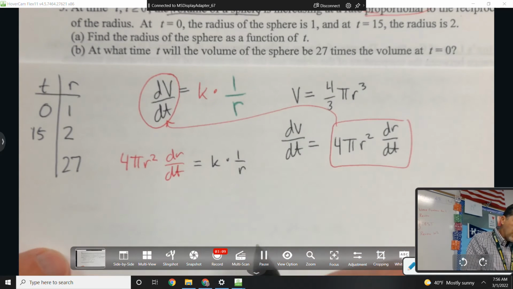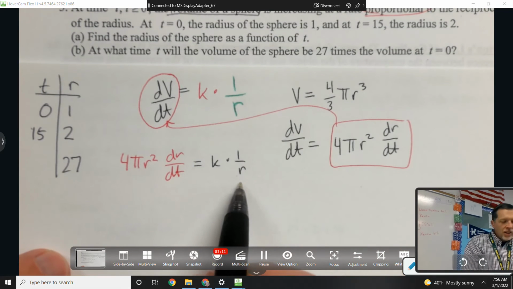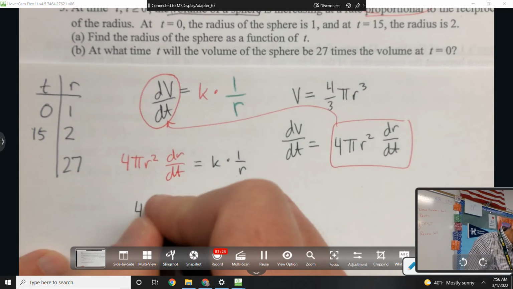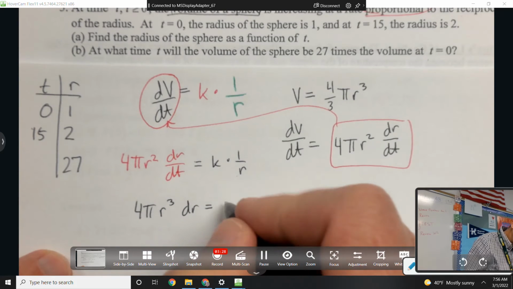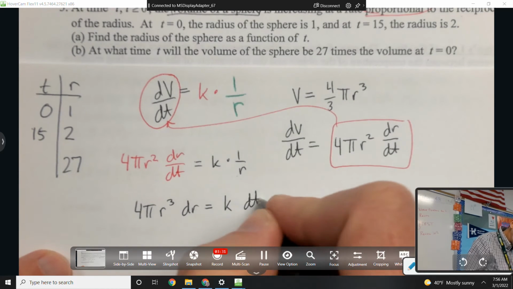Okay, let's separate the variables. So algebra, how am I going to get this r to the other side? Especially the 30% of you that didn't do it the right way on the warm-ups. How's this r going to get to the other side? Let's multiply both sides by r. So 4 pi r cubed dr equals k dt.